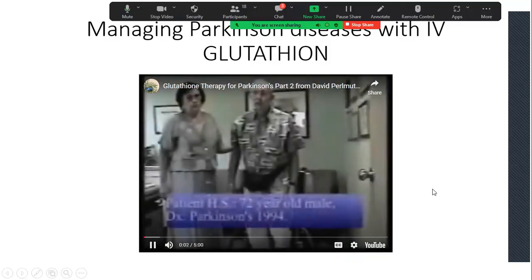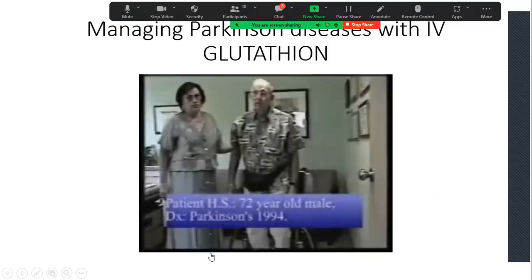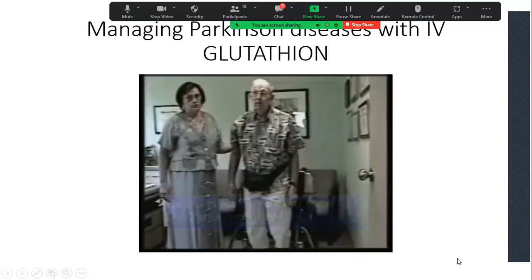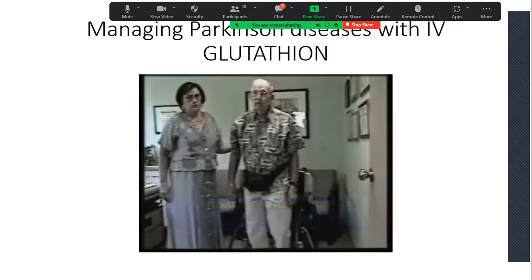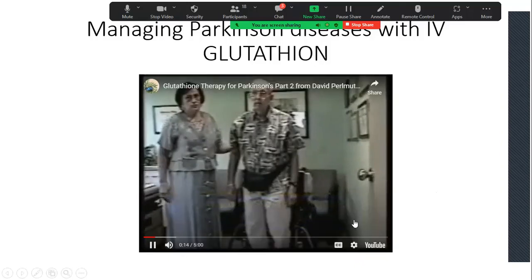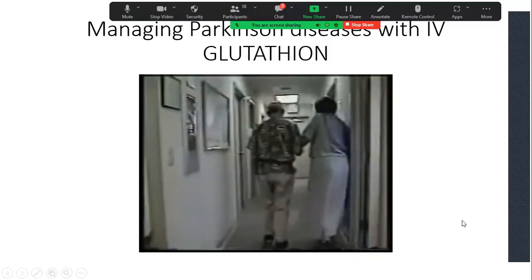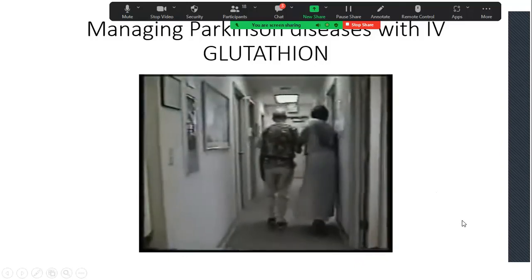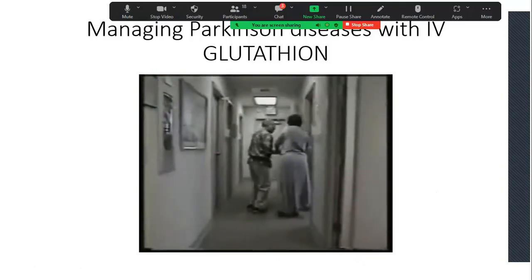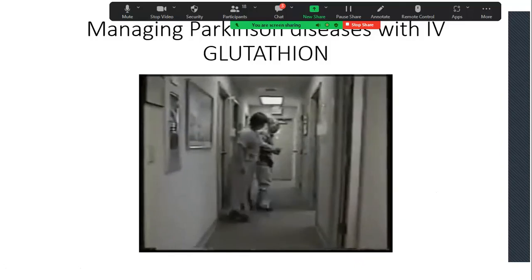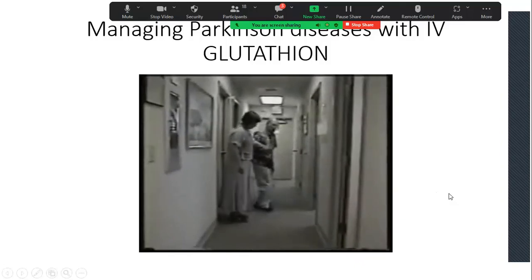The first patient is a 72-year-old man diagnosed with Parkinson's disease in 1994. His medications included Tasmar, Sinemet, and Mirapex. Clearly, this gentleman is significantly compromised by his Parkinson's disease. Ambulation is particularly difficult for him, especially in attempting to turn 180 degrees.